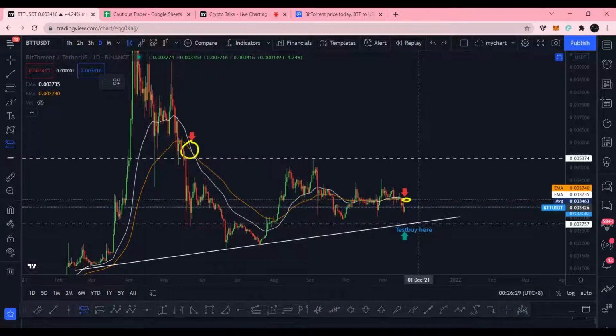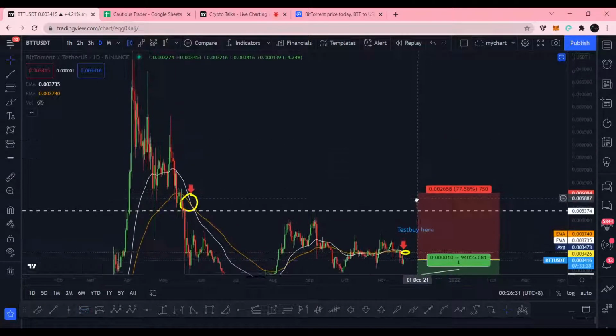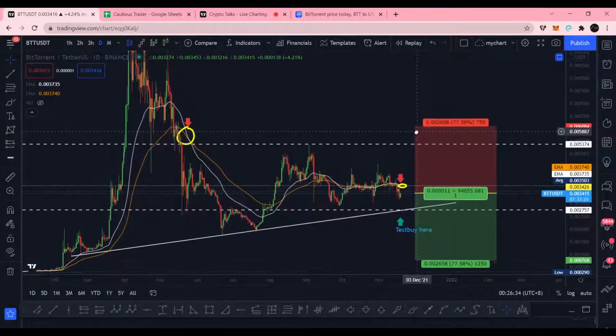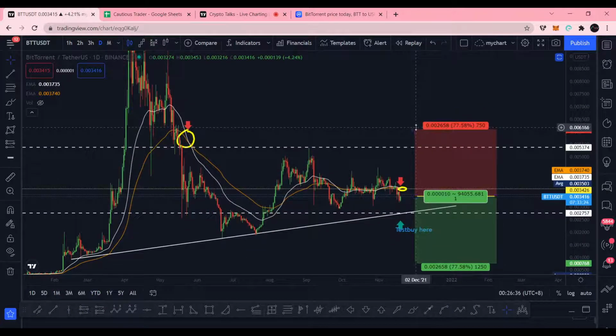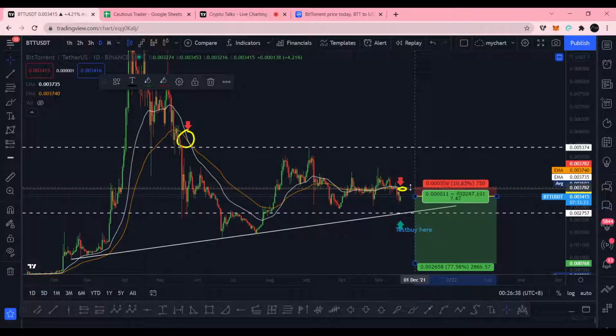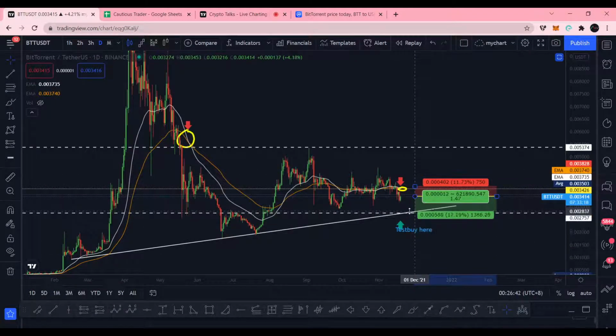Just remember that when I'm making any transactions, if my resistance is the EMAs, you can see the risk reward is not rewarding.